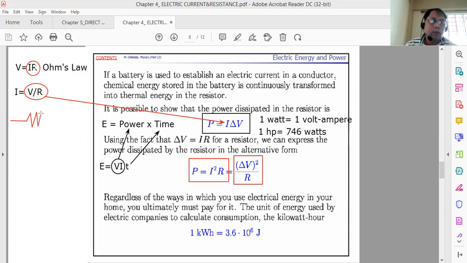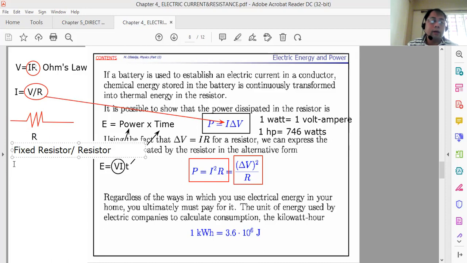We denote it with this zigzag symbol, and we give it a symbol R still, because it has a resistance unit. So we either call it the fixed resistor or simply the word resistor.